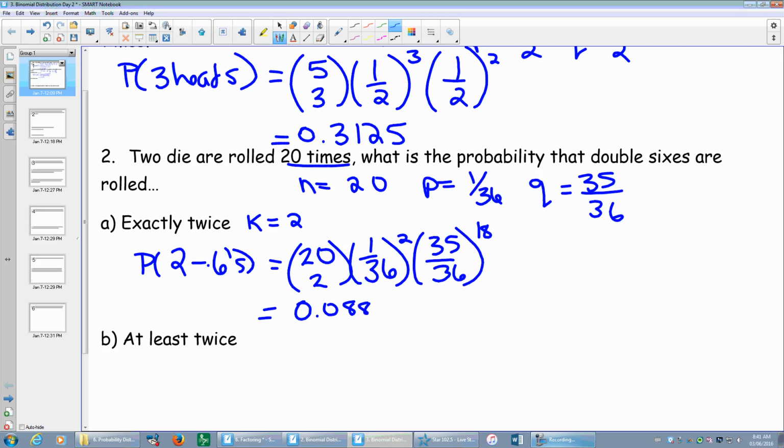I got 0.883. Yep. Okay, so there's an 8% chance that you will roll double sixes twice.